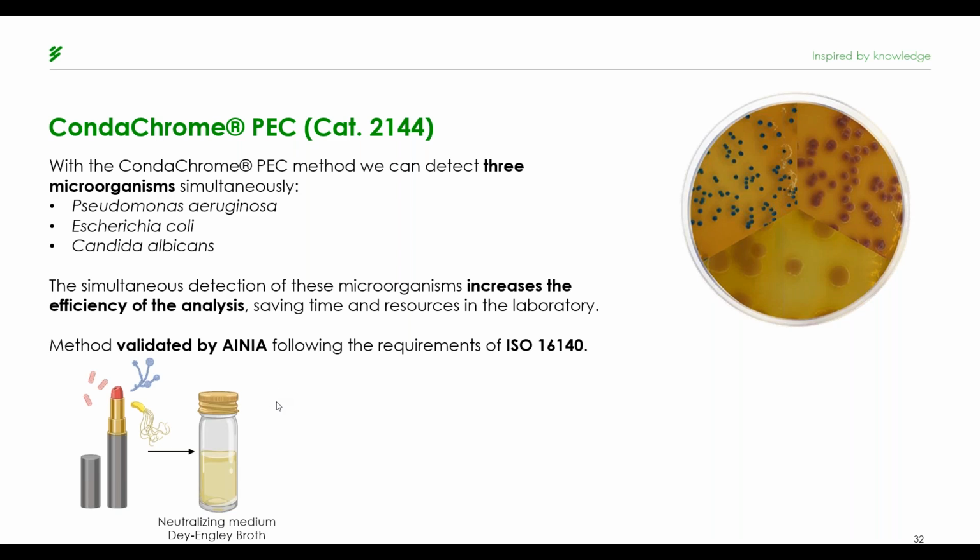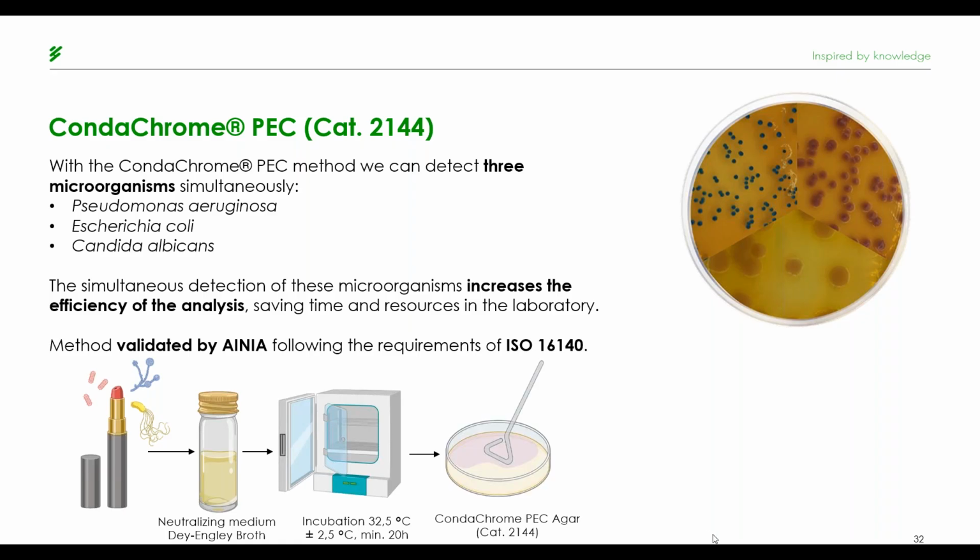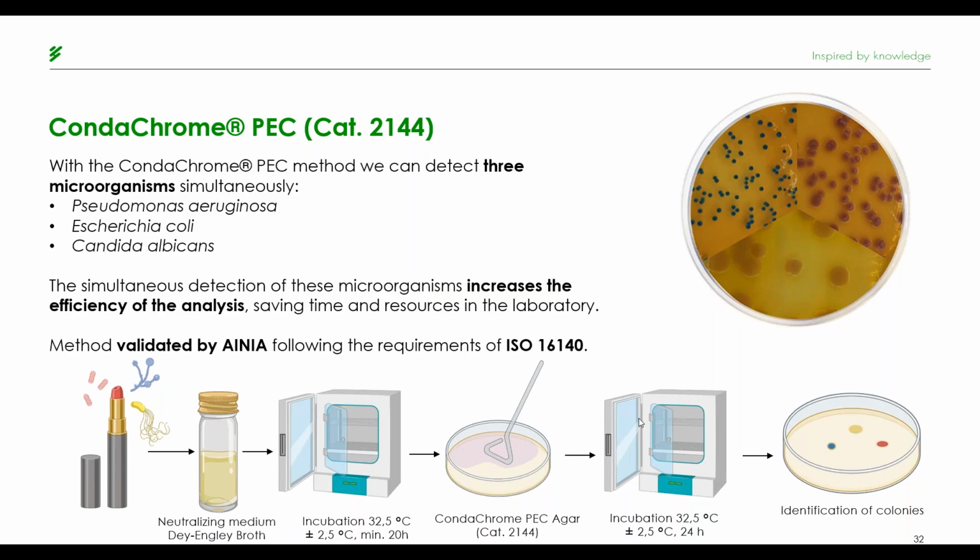Using the same initial suspension in neutralizing medium that you have made for the rest of the analysis, you can inoculate a plate of Condochrome PEG agar, and by incubating it only 24 hours, you can see your results. You can identify the 3 microorganisms simultaneously in only one plate.